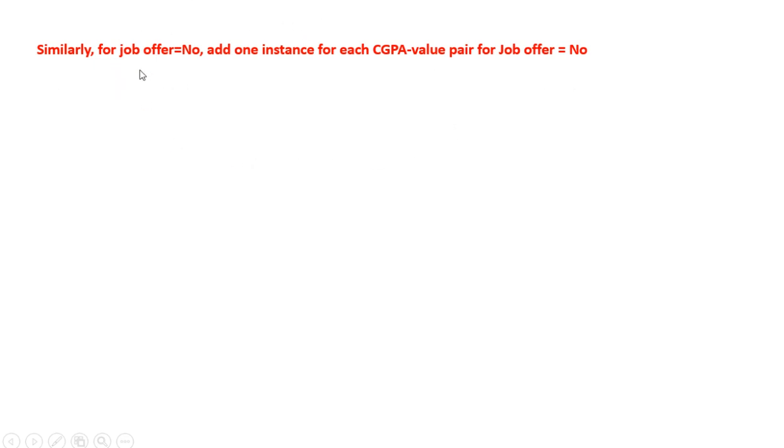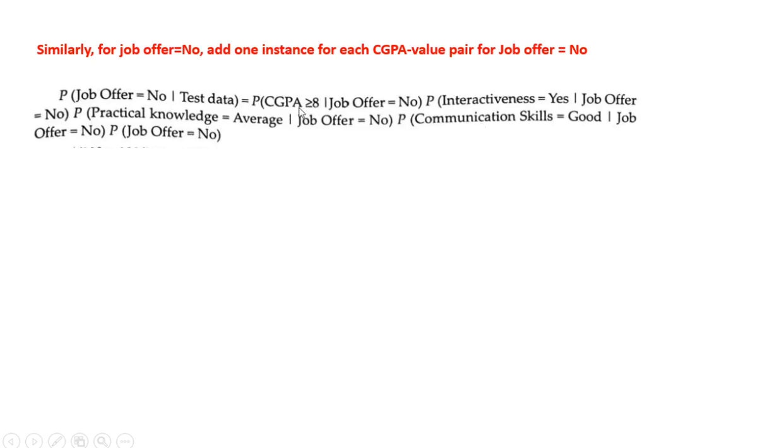But the problem was here, when I had job offer no, I was having a value 0. This was actually the reason for the problem. So now this will change. This will be 1. Instead of 0, it has become 1. And here the last one also, instead of 300, it has become 303 divided by 1003.